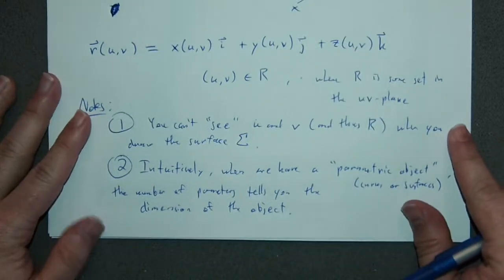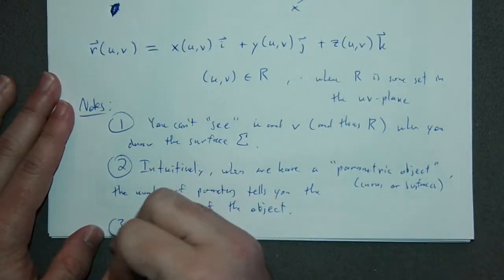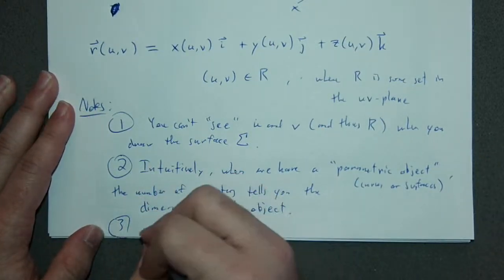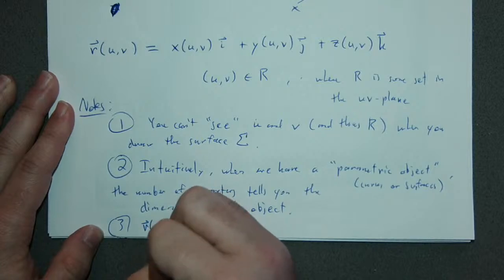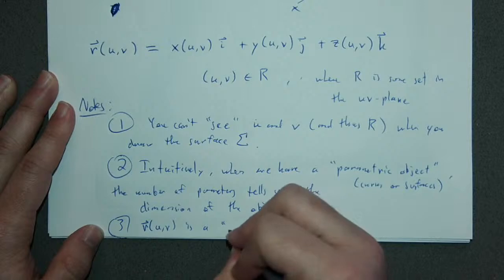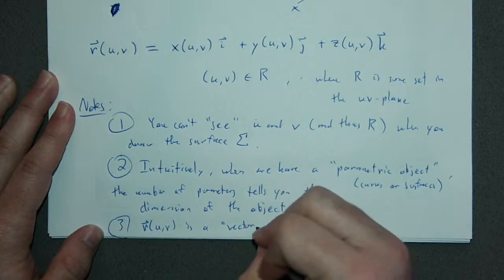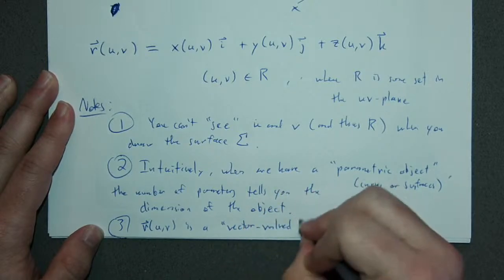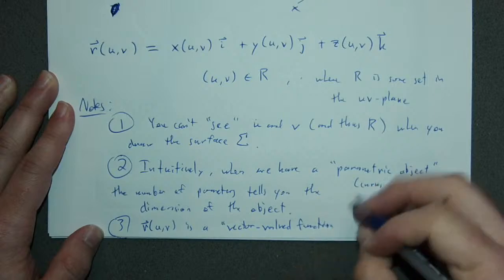The other thing I want you to note is r of u, v is a vector valued function of two variables.